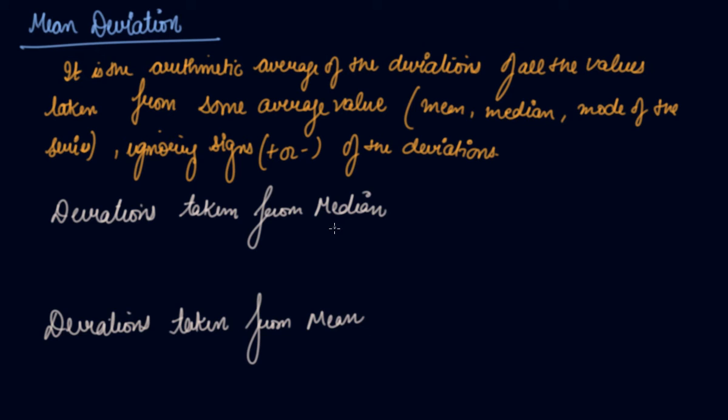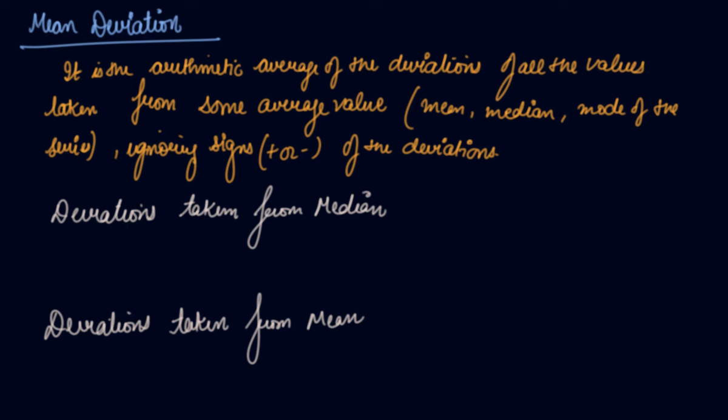After that, from the variable x, that is the value of the series, you subtract the median and you do the addition. After that, you find out the sum of x minus m and then you divide by the number of observations.